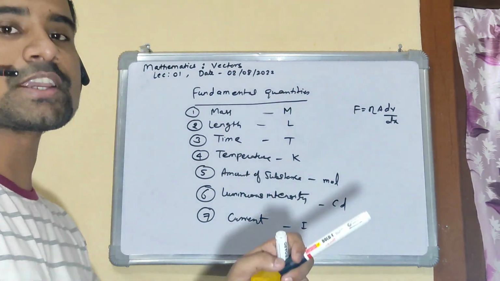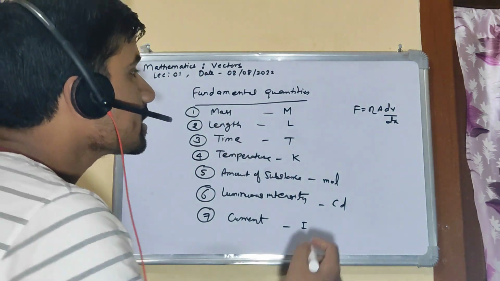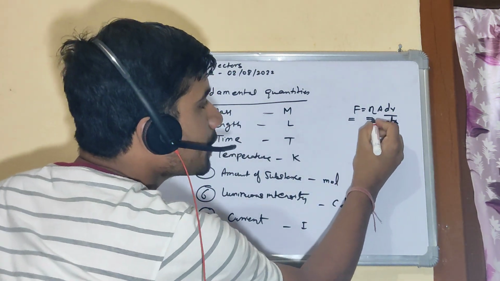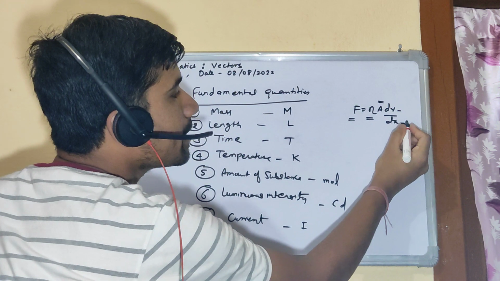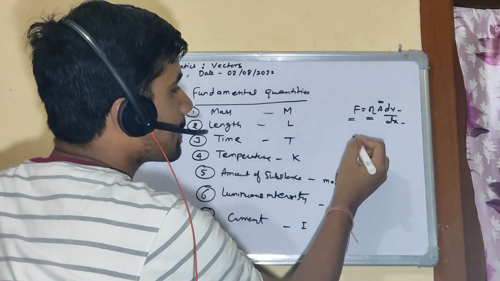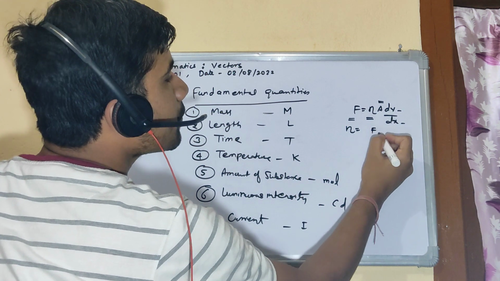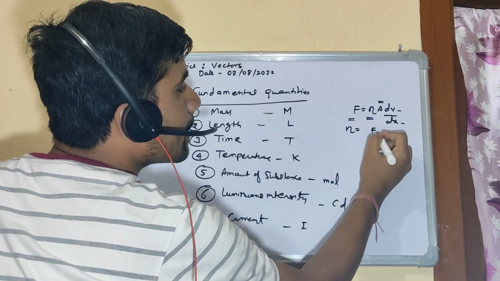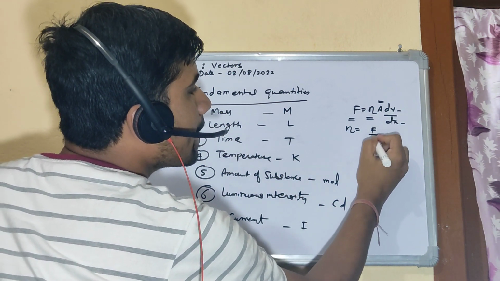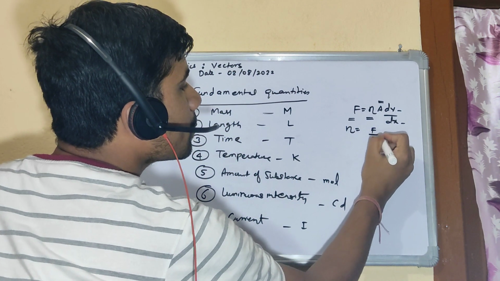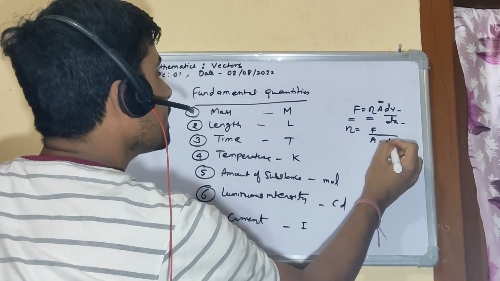It's like a friction in between liquids, which is given by F, force, equal to coefficient into area into velocity by distance, which is called velocity gradient, right? So this coefficient of viscosity will be given by F by A into dv by dx, right?